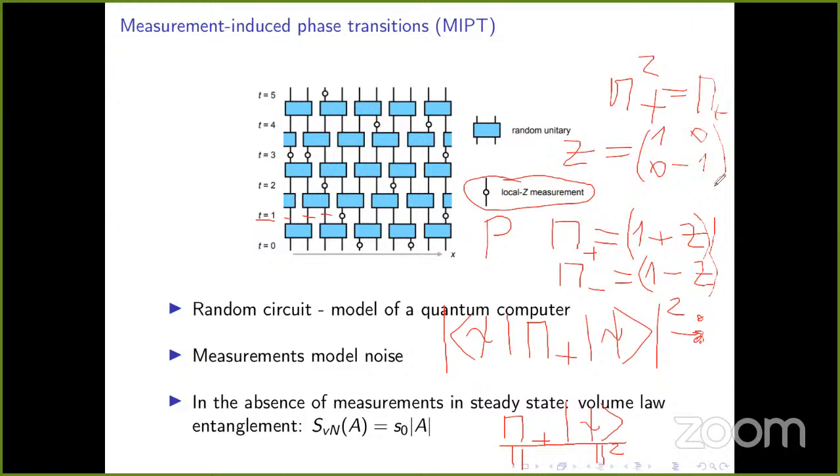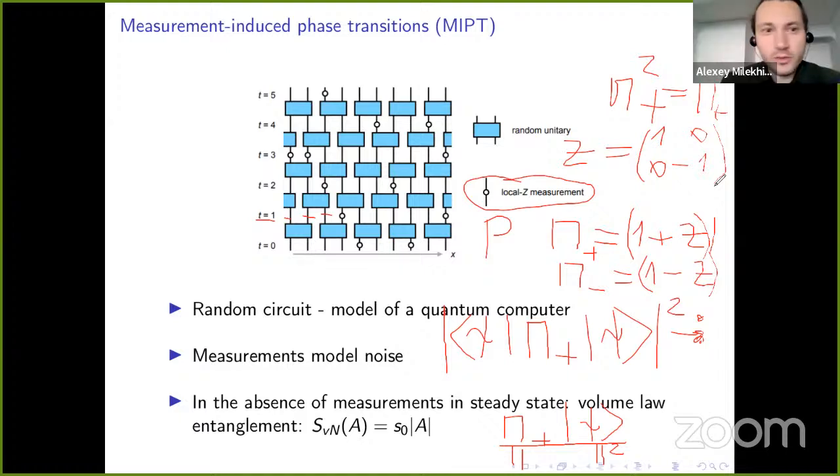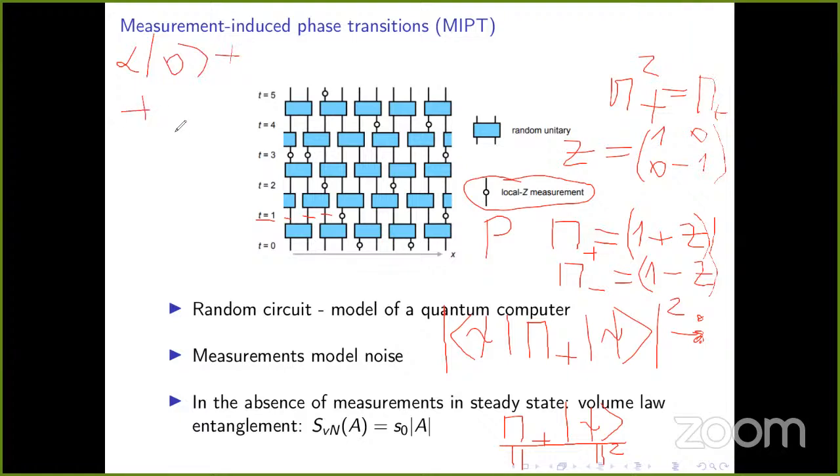Why? P plus projects on the state with spin up, for example. So if psi is not a state with spin up, P plus acts by 0. Is it right? Yeah, but you can also have states which are alpha 0 plus beta 1. I see. Okay, yes, thank you.